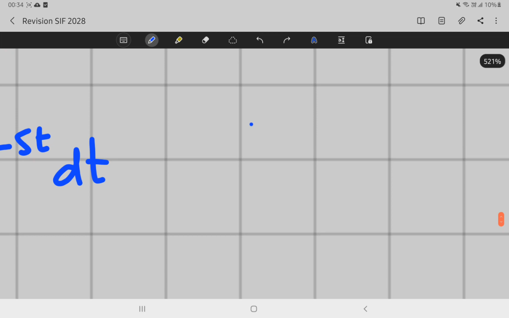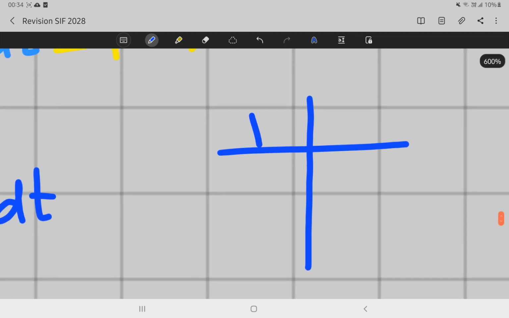Let's list derivative with respect to t.